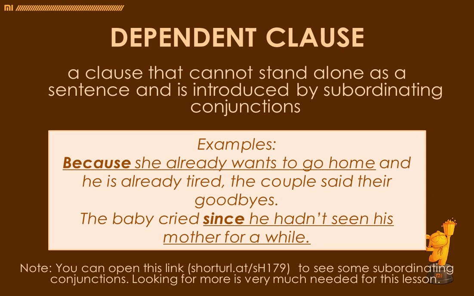For this type of clause, it is very important that you have prior or background knowledge about subordinating conjunctions. If the idea of subordinating conjunctions is new to you, you can refer to the link on the lower part of this slide to see some of the subordinating conjunctions that can serve as your clues for introducing dependent clauses.